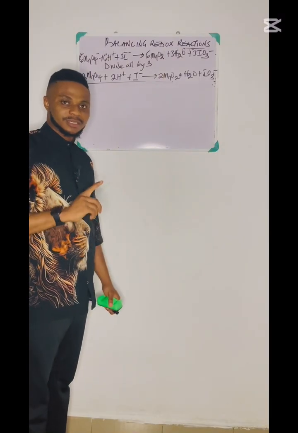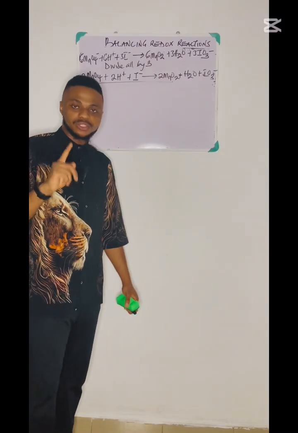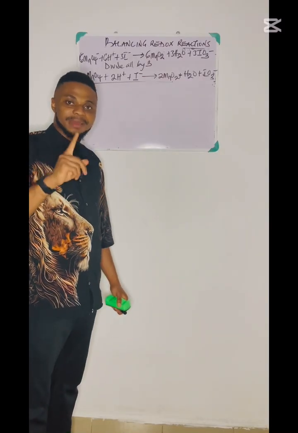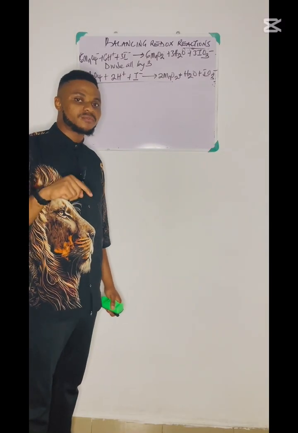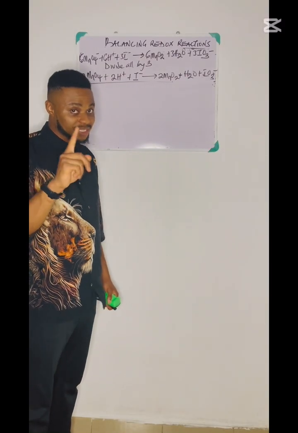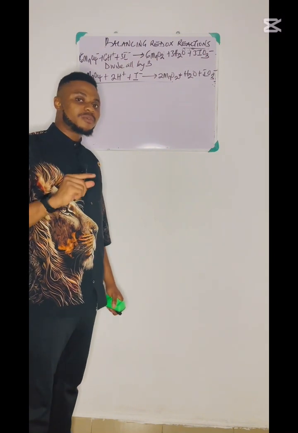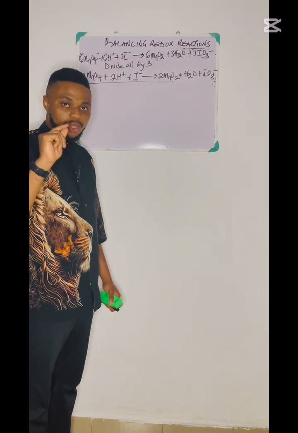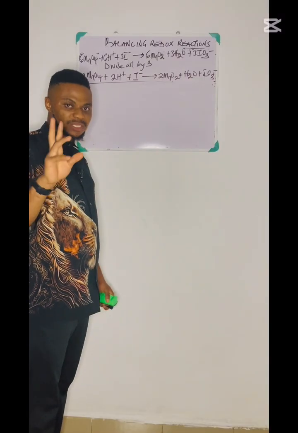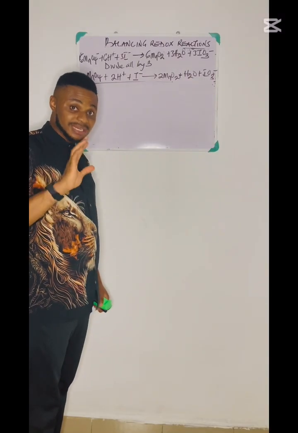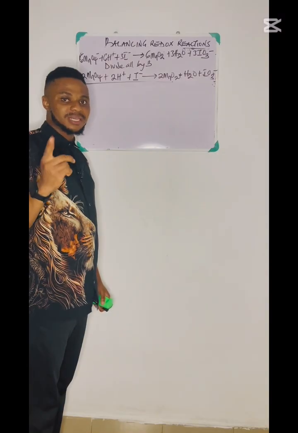When you are given a question to balance a particular reaction in a basic medium, you have to first of all balance it in an acidic medium. When you have gotten your balanced equation like what we have here, you can transform it to a basic medium. This is a very short and easy way to balance in a basic medium.